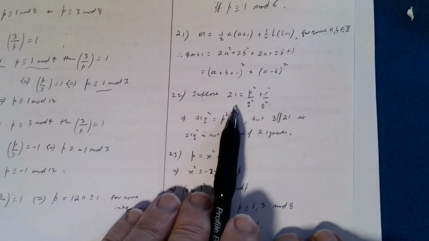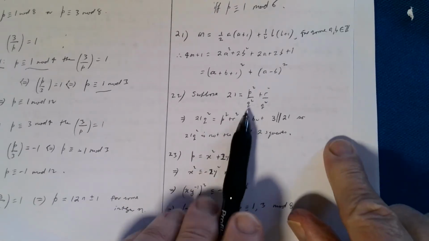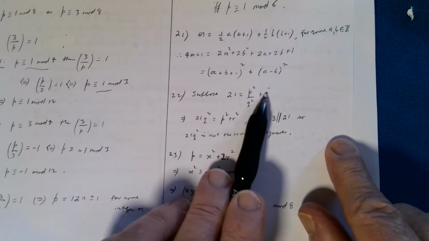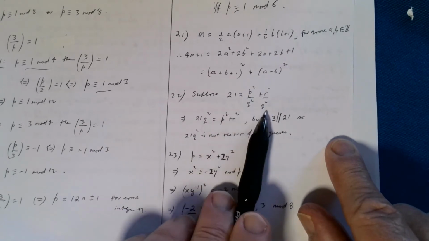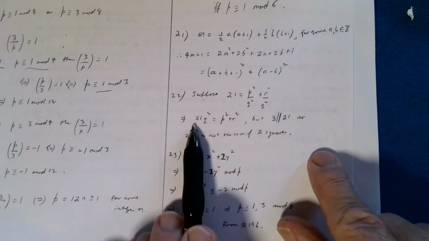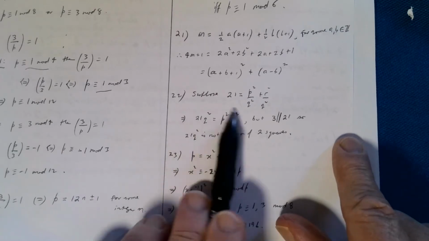We're going to suppose that you can write it as the sum of two rational squares, and without loss of generality, we can insist the denominators are the same. These may not be relatively prime, but that doesn't matter. We can assume they've got the same denominator, and then multiplying across gives me that. So we're now back in the integers again.